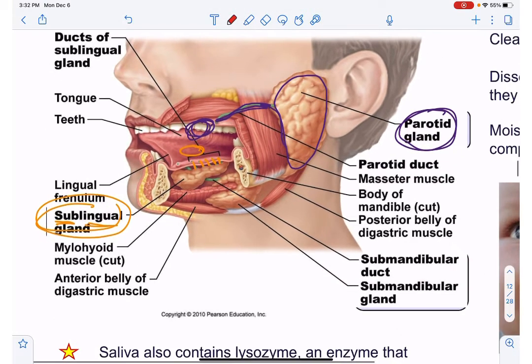And the final salivary gland is the submandibular gland, and that is located underneath the mandible. Here's the mandible, and there's the submandibular gland. And again, it's going to produce saliva and secrete that saliva via a duct into the oral cavity.